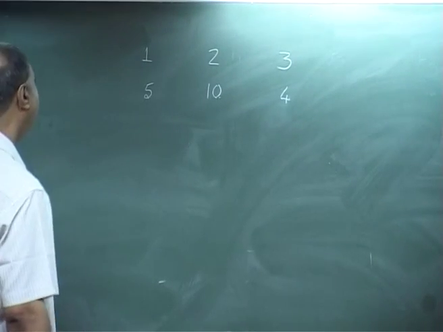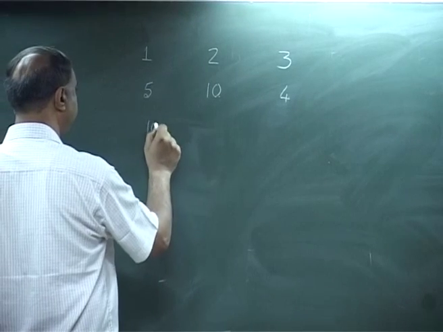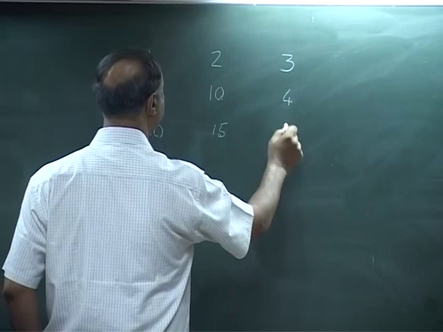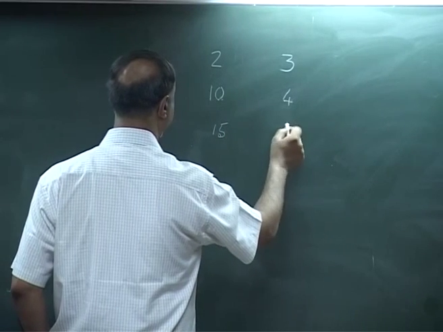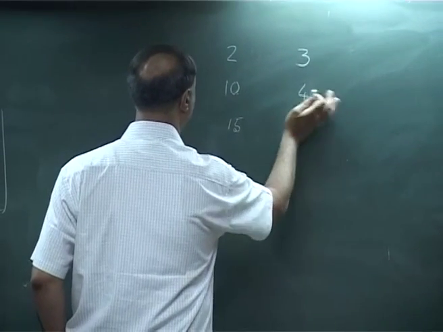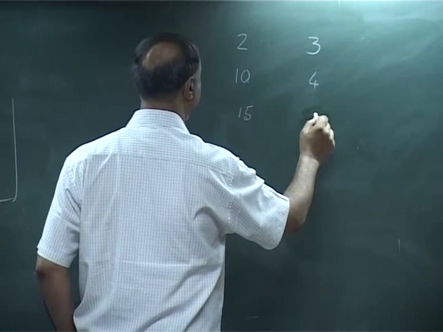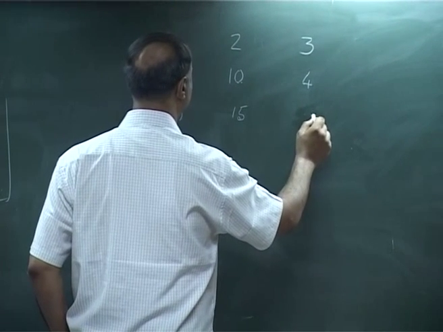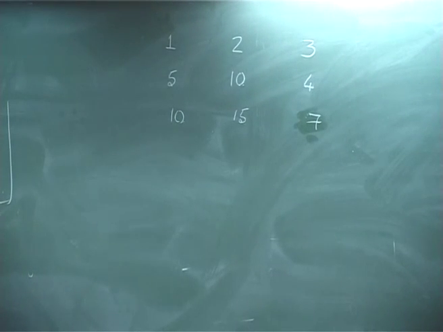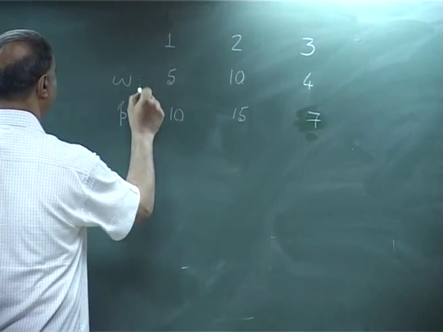And the profits are, say, 10, 15, and 7. Okay. So this is your weight and this is your profit.